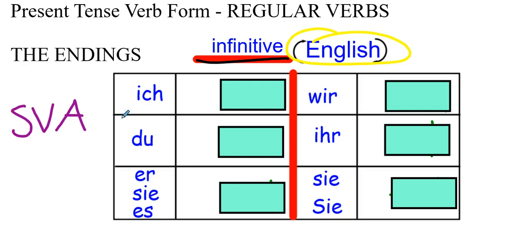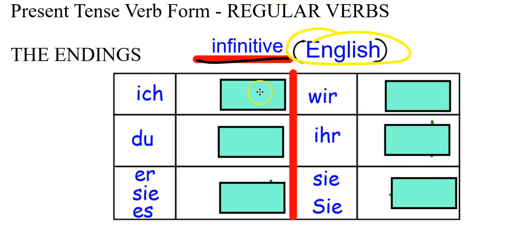We say, I eat pizza. He eats pizza. We wouldn't say, he eat pizza. So we have to make sure that our subject and our verb agree, our subject-verb agreement. And that's what we're going to do here with the endings in German.